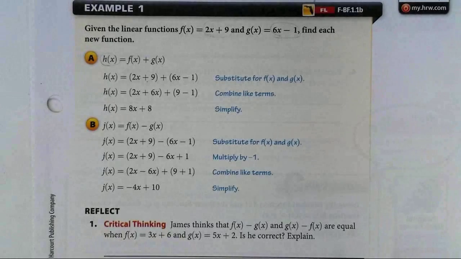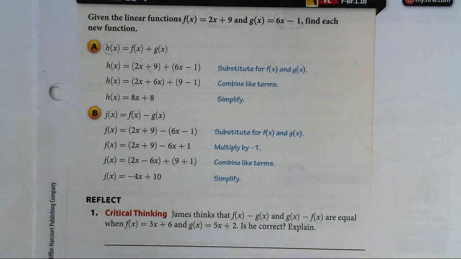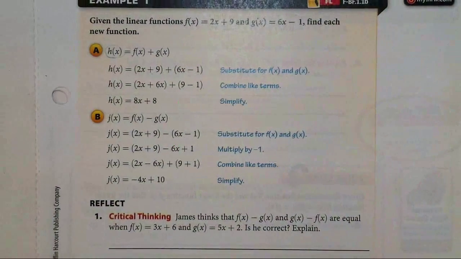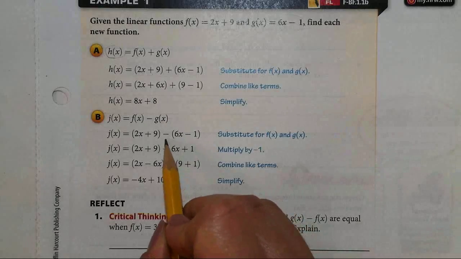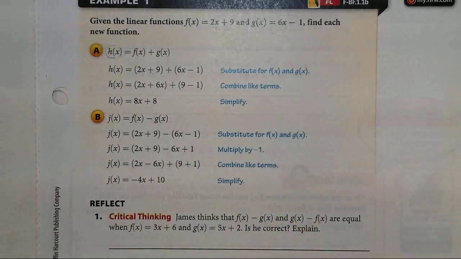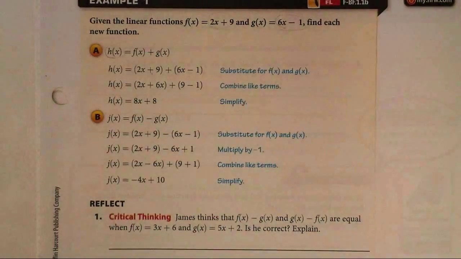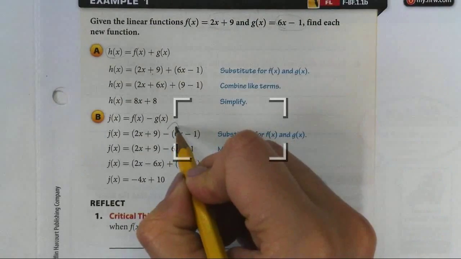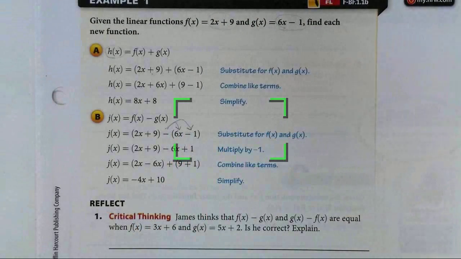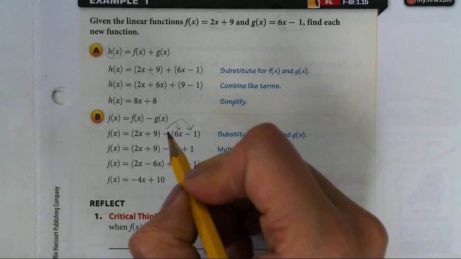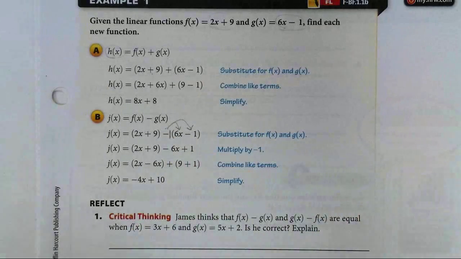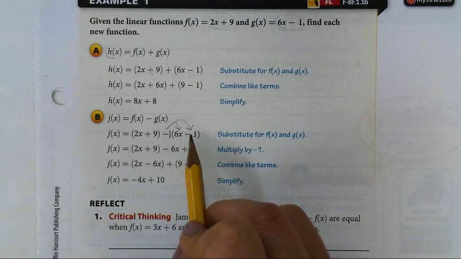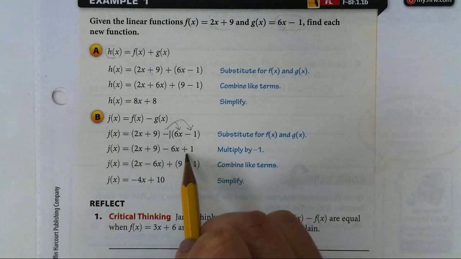When you're doing a subtraction, you want to distribute the subtraction sign first. That's really going to help you out a lot more, because this is going to change your answer if you don't distribute it. This is like having a negative 1, so negative 1 times 6x gives you negative 6x, and negative 1 times negative 1 gives you a positive 1.